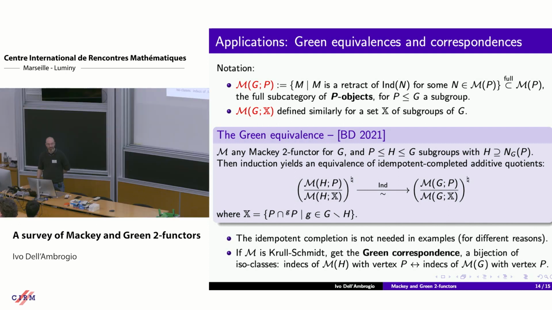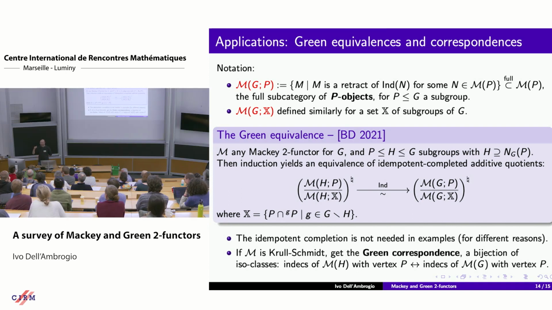Further questions or comments? Yeah. So have you tried to do a Tambara version of this? Yeah, doesn't work. I think it's one of those things where at the level of two-categories you have serious issues. So we don't know, maybe it works, but we haven't found a way.